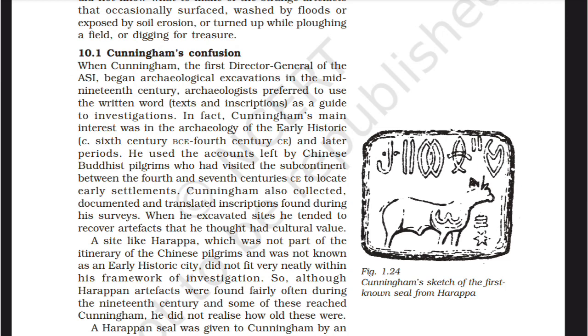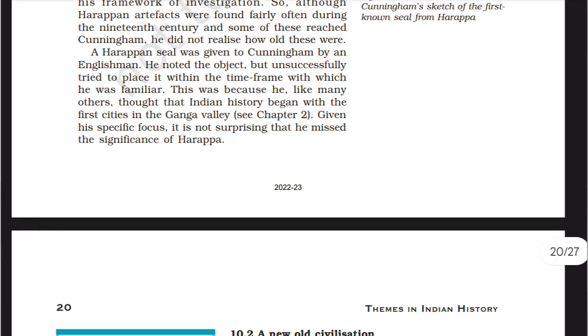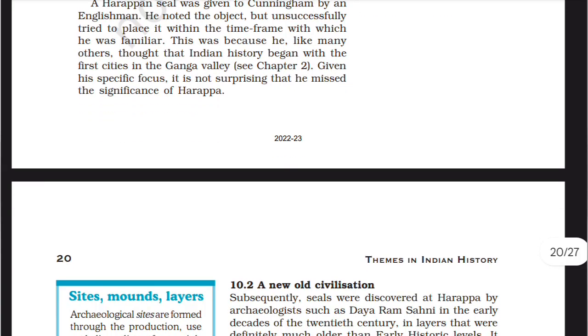He was trying to take accounts from the Chinese Buddhist pilgrims who came to our subcontinent. But we know that this civilization is way older than that, so maybe he could not match the dots. That is why this is known as Cunningham's confusion.